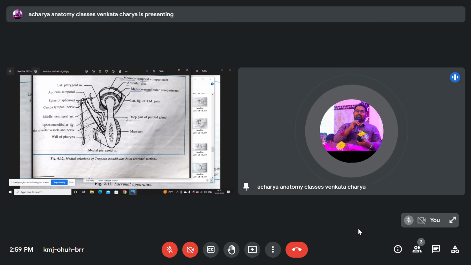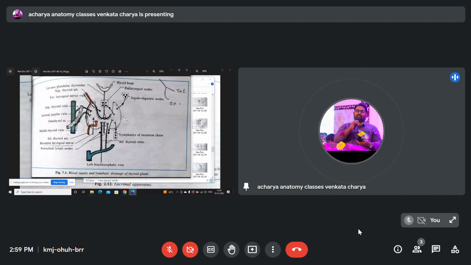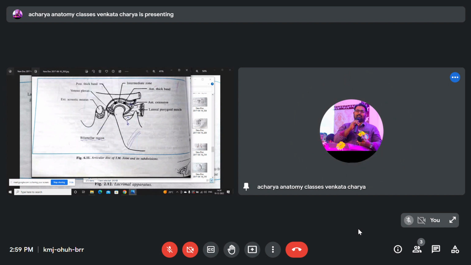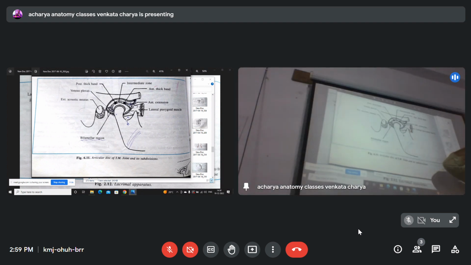Next, relations of the joint. First, anteriorly: lateral pterygoid muscle and zygomatic arch.